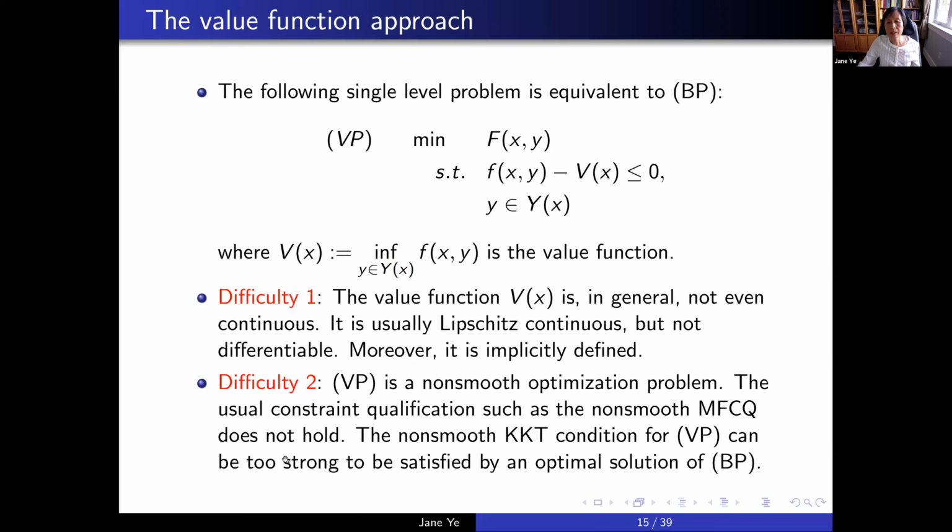And even if we have all these, even if you can make sure the value function is Lipschitz continuous, the resulting KKT condition can be too strong. Okay, so why is that too strong?